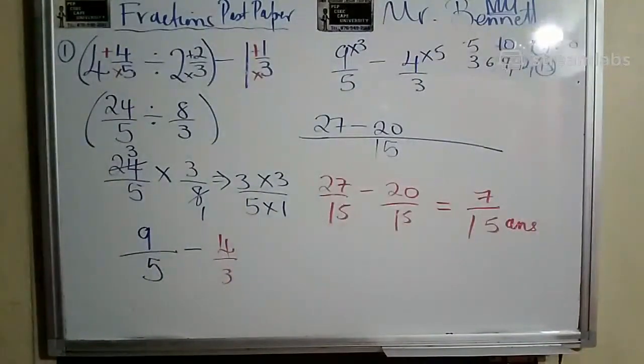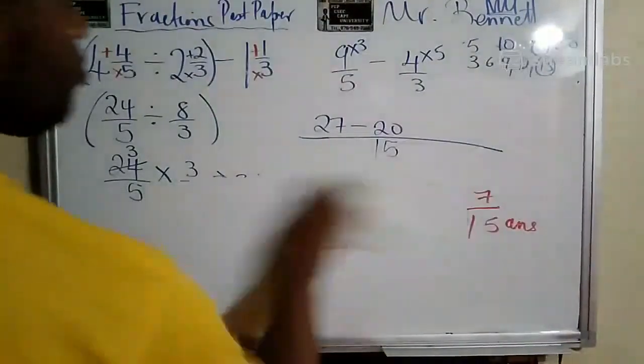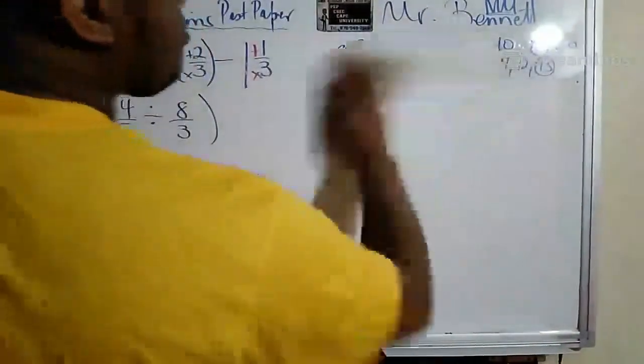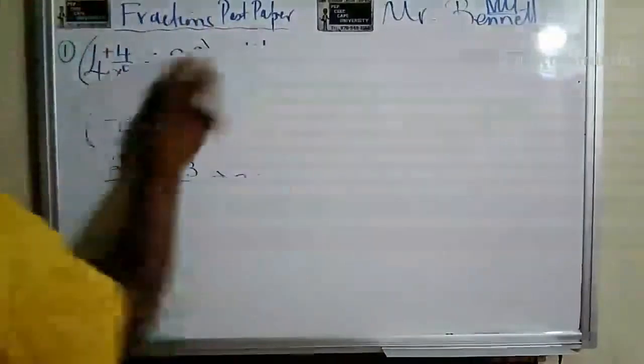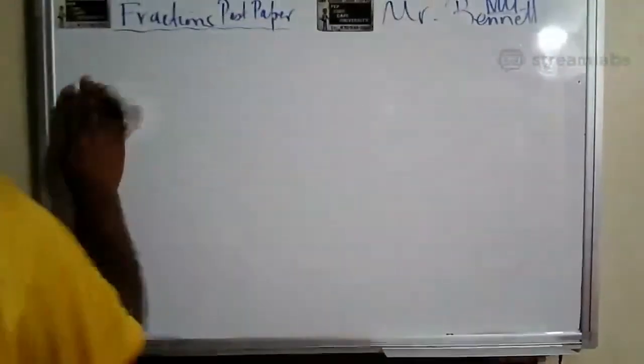Alright, on to number 2. And this one that we just did was the year June 89. So it was June 89. Alright, so you guys have 3 minutes to do this one and then we can compare.